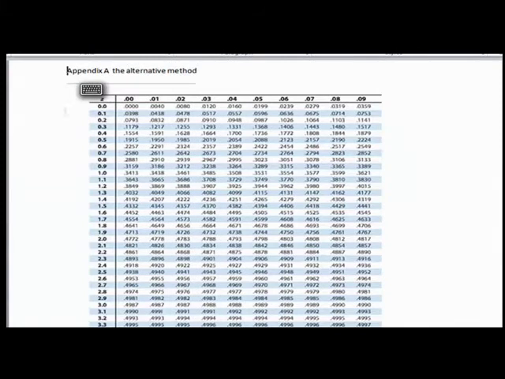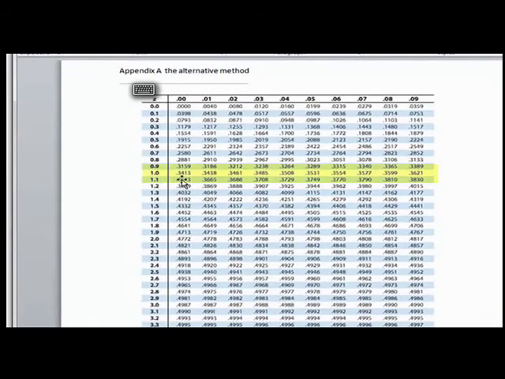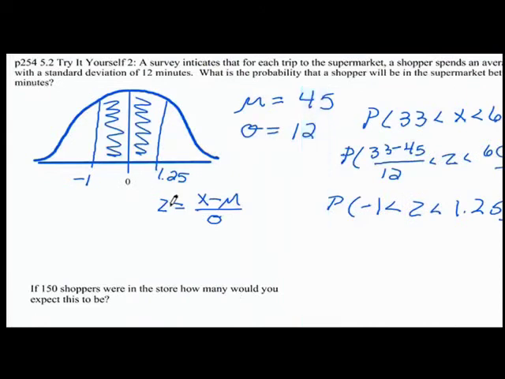So we look up -1. It's just like looking up 1. So that's going to be 1.00, so it'll be 0.3413. And then 1.25, it'll be 1.2, and over to 5, way over here, gives us 0.3944. And so we're going to go back and add those together.